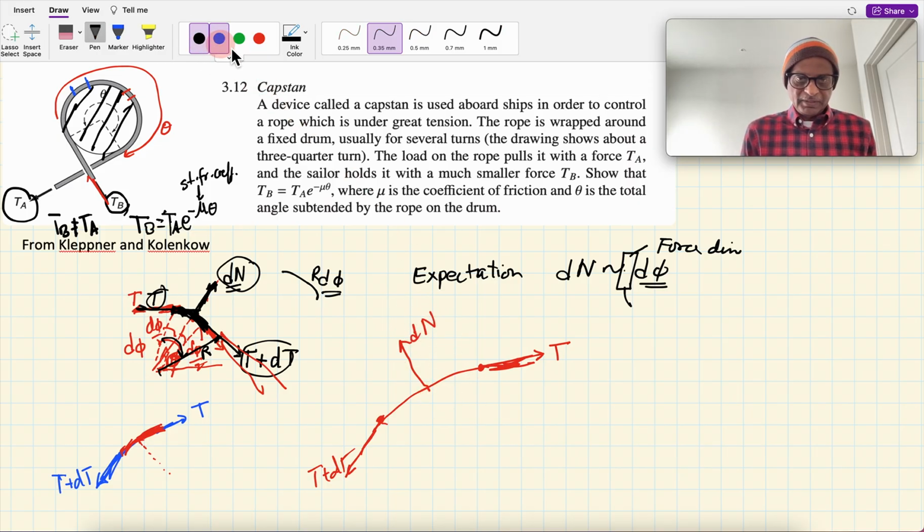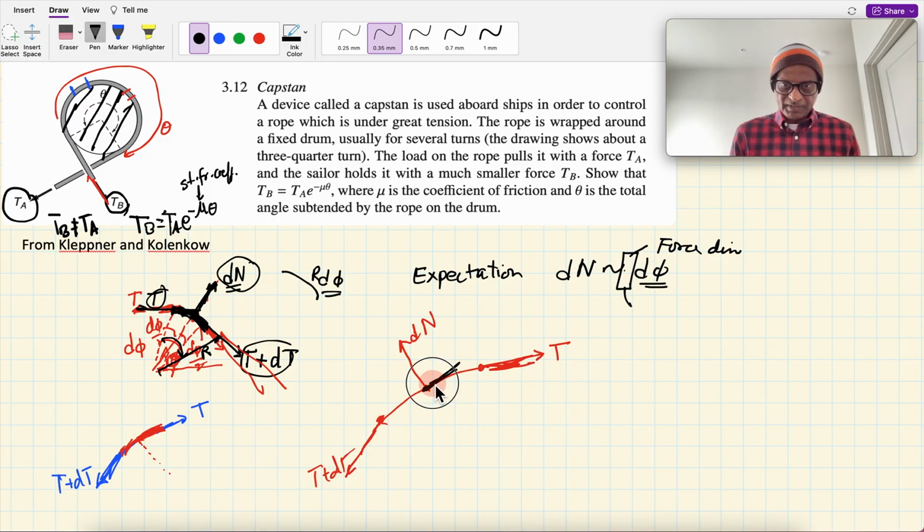If I'm pulling this way, we expect the friction force to oppose me, and it will be 90 degrees to the normal force. All right, so that's the geometry all set up.